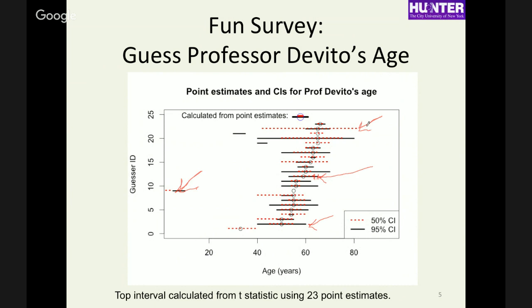The 50% confidence interval is longer than the 95% confidence interval. And that's illogical, right? So you can say I'm 50% sure that he's between 40 and 80, but I'm 95% sure that he's between 55 and 65. And anyone unsure about that? If you're the least bit unsure about that, let me know and we'll talk about that some more, because you need to be really, really solid on that.